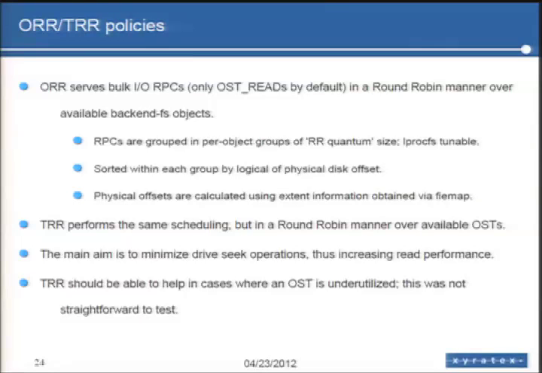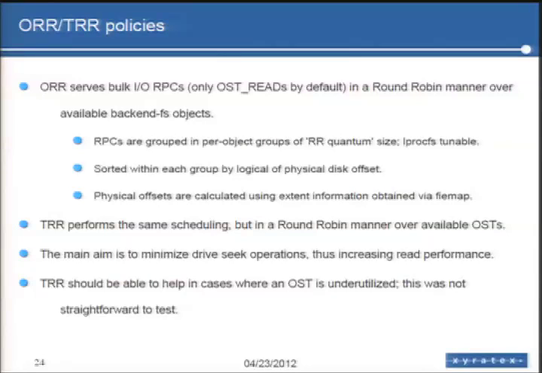TRR, at least this version of TRR, and not the version that has been mentioned on the NRS HLD thread in Lustre Devel, also does a similar thing, but it doesn't look at the object ID at all. Because I thought it would probably be favorable for a policy to mix requests from different objects, because they may still be contiguous in physical disk offsets. So that's what's been implemented here.